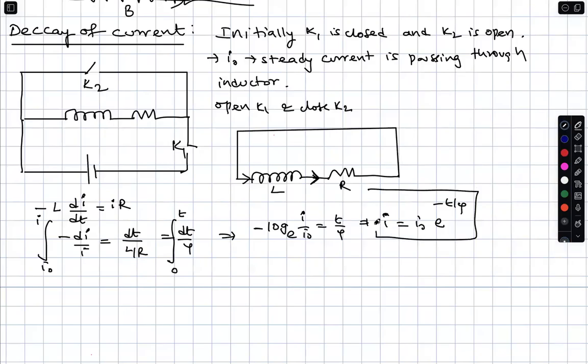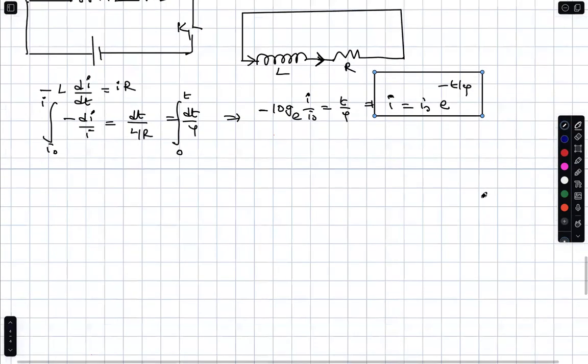This is the expression for decay of current in the inductor. Now what is going to be the graph? The graph follows.